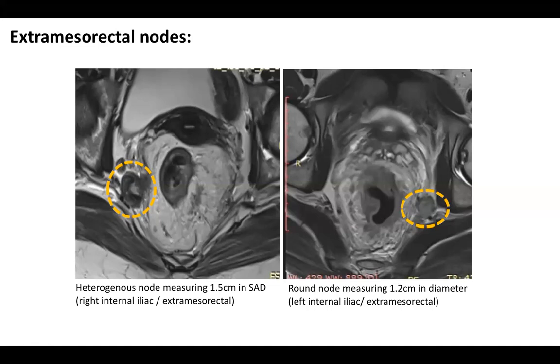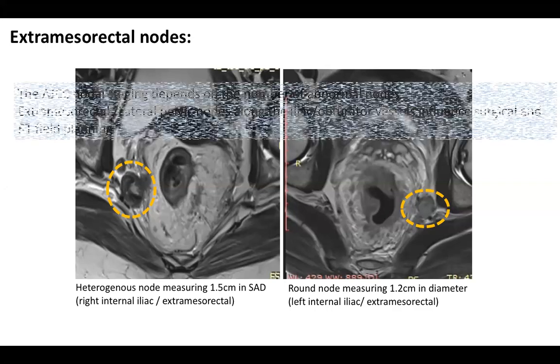So before we even start delineating, it has to be discussed in a multidisciplinary team how to handle these nodes, whether they would be dissected, irradiated, or both. That is a clinical decision which needs to be taken upfront.